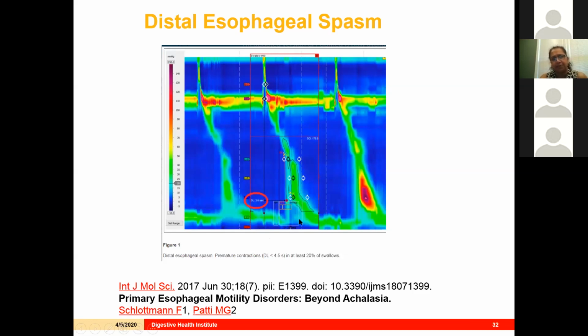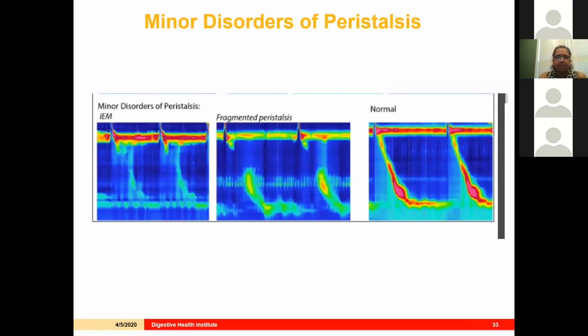You can see in this example here, there is LES relaxation, but then the next swallow, you might see a little bit of pressurization within the esophagus. So very important to take a very thorough history in the patients as you're trying to figure out management. And again, a tough group to manage.